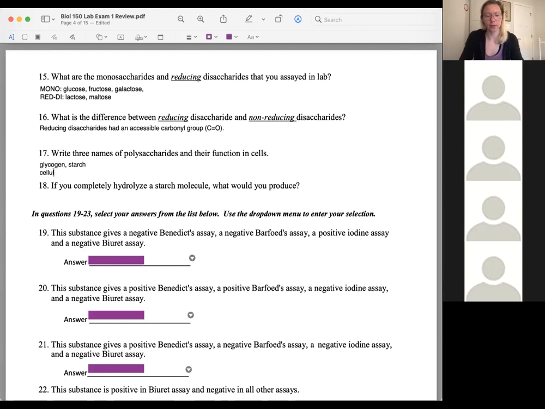Yeah, cellulose. So glycogen and starch have similar functions. They give energy. Yeah, they are the storage form of glucose in animals, glycogen, and then starch is the storage form in plants. So it's storing energy in the form of these glucose monomers.